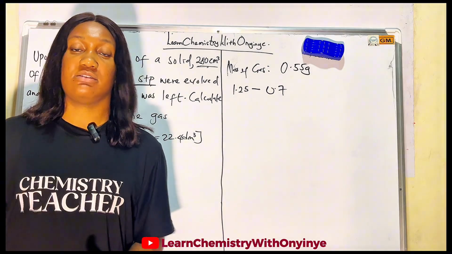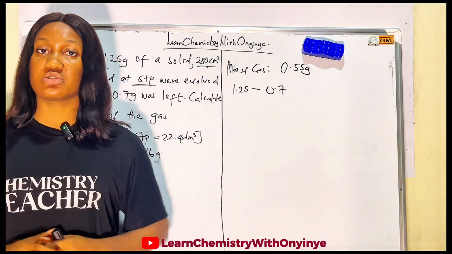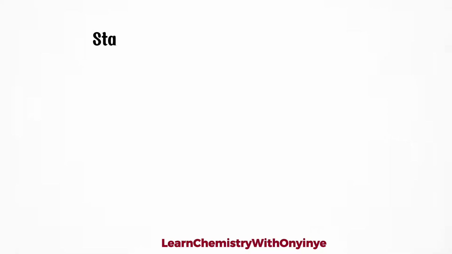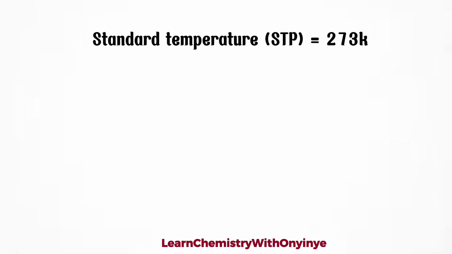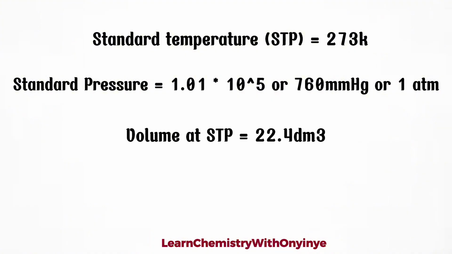Why is this called a standard value? Because it is known. Every chemistry student is supposed to know that standard temperature is 273 Kelvin or 0 degrees Celsius. Standard pressure is 760 millimeter mercury. Standard volume is 22.4 dm cube.